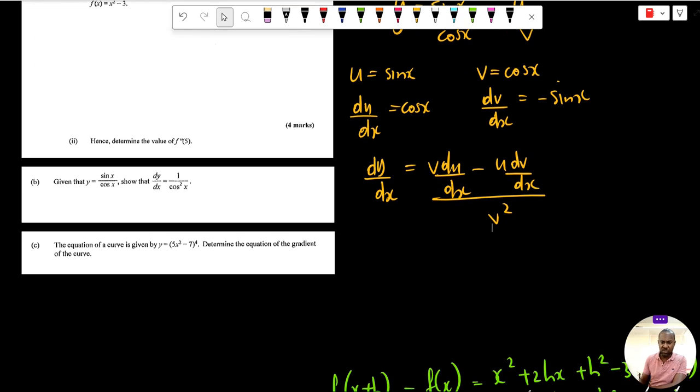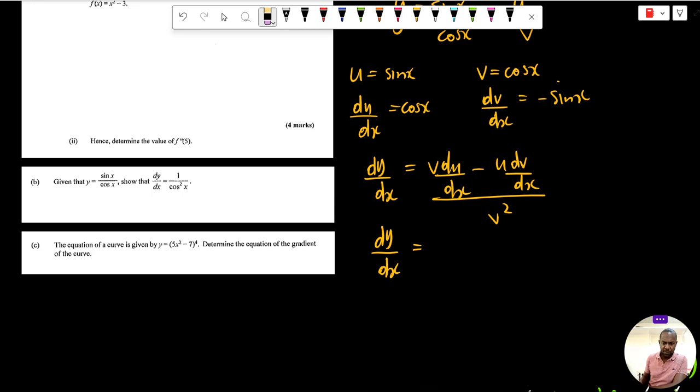So let's see what that is going to give us. So now we have dy by dx is equal to, so we have v, which of course is actually equal to cos x, right? So this is going to give us cos x times du by dx, which of course is cos x.